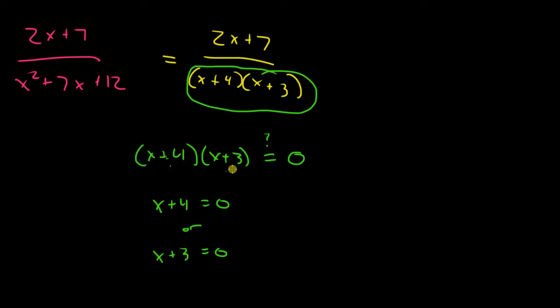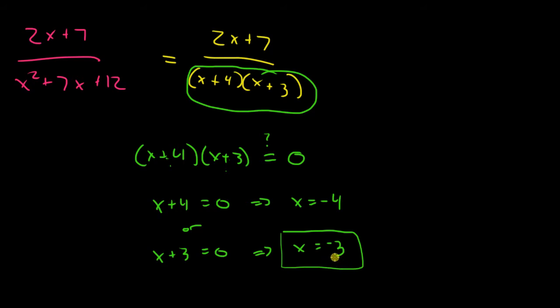If either of those equals 0, then the whole thing is 0, and then we're dividing by 0, which is not okay. So if x plus 4 equals 0, subtracting 4 from both sides, that tells me that x must be negative 4. And if x plus 3 equals 0, subtracting 3 from both sides, that tells me x equals negative 3. This is the one that we already knew about from before.